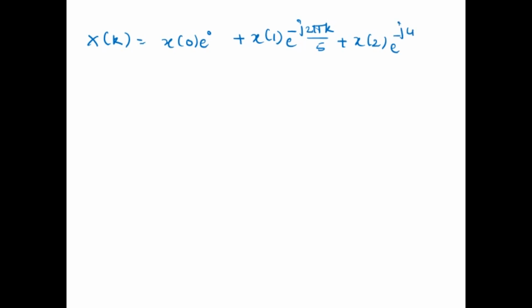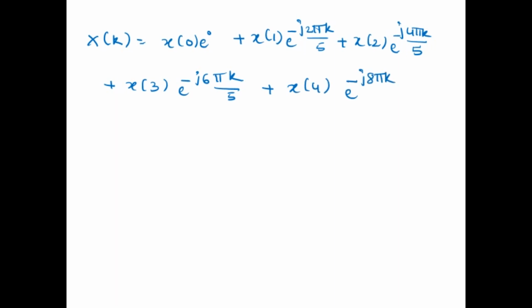By expanding the previous equation, we can write x of k is equal to x of 0 e power 0 plus x of 1 e power minus j 2 pi k by 5 plus x of 2 e power minus j 4 pi k by 5 plus x of 3 into e power minus j 6 pi k by 5 plus x of 4 into e power minus j 8 pi k by 5.